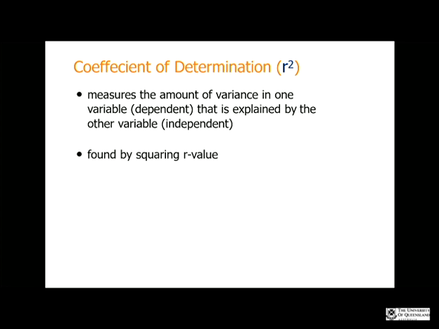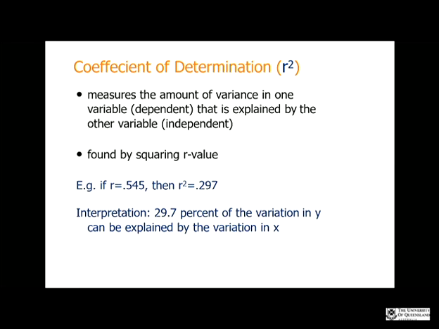As I said, found by squaring the R value. So if R is 0.545, then R squared is 0.297, and the way we would interpret that is to say that 29.7% of the variation in Y, our dependent variable, is explained by the variation in X, our independent variable, okay?